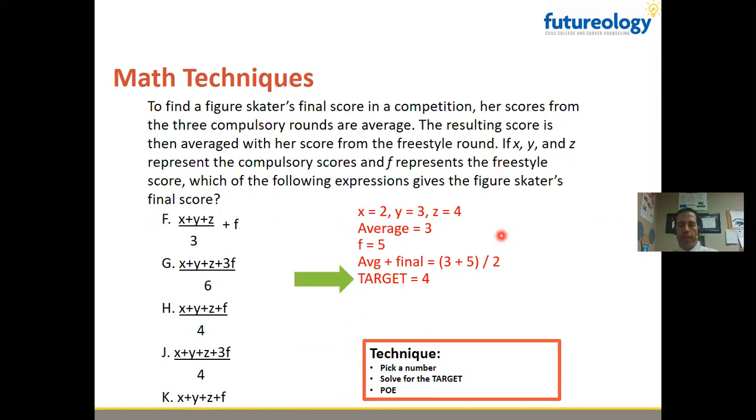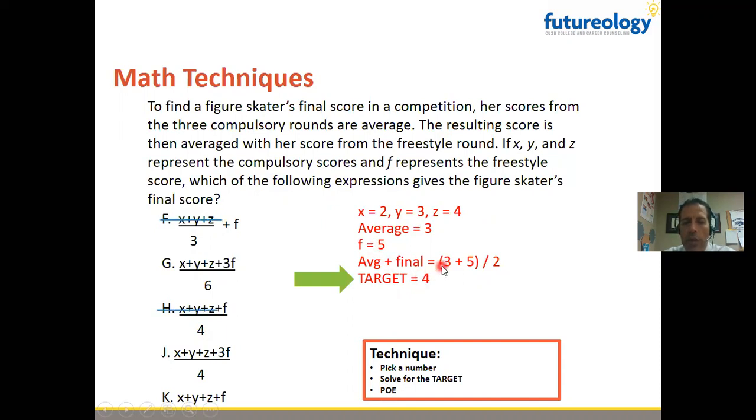Okay, now I'm going to take it slow, and we're going to do more problems like this so you can practice this method, okay? So the technique is picking a number, solving for a target. Notice, this is all the stuff I write in my test booklet. Once I have the target, the next thing to do is process of elimination. Go to all your answer choices and plug in what you picked for X, Y, Z, and even F. Once you find your target, you have your answer.